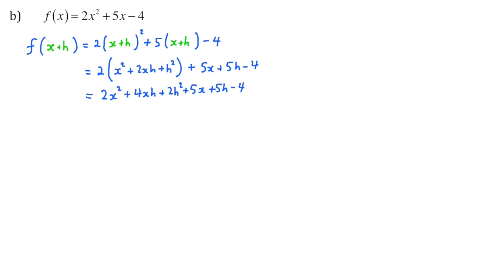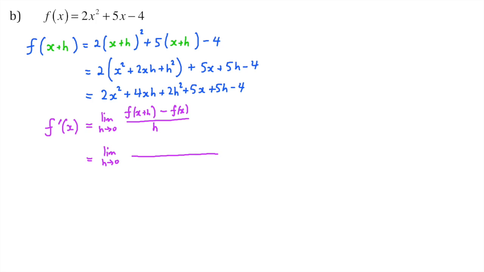So, we want to find the derivative. Let's write our formula for finding the derivative. The derivative equals the limit as h approaches 0 of f of x plus h minus f of x over h, which equals the limit as h approaches 0 of, now it's all over h.